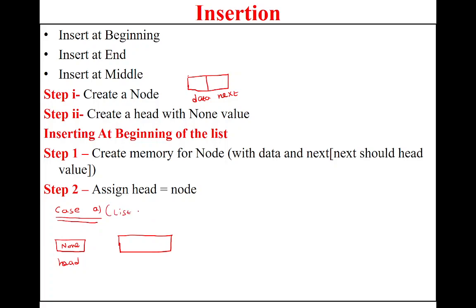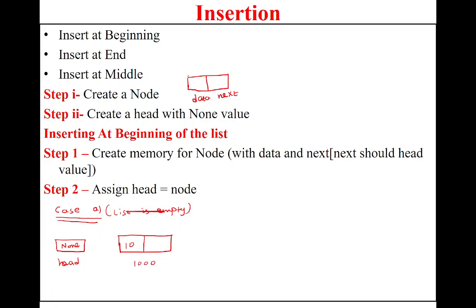Initially the list is empty, so what is the meaning? The head is having none. Now I am creating one new node. So what will happen? Let us take this new node's address as 1000.